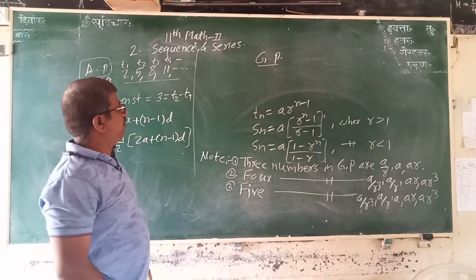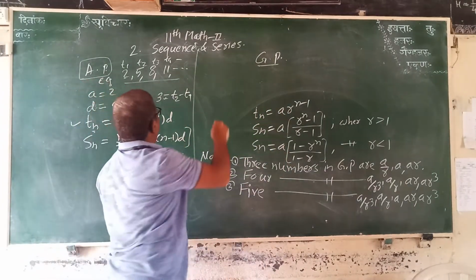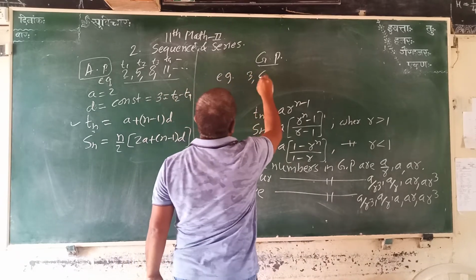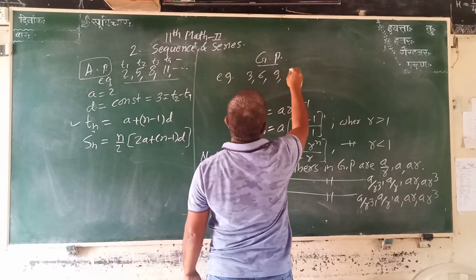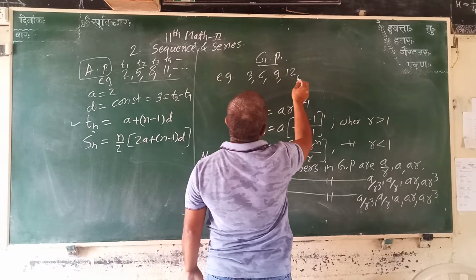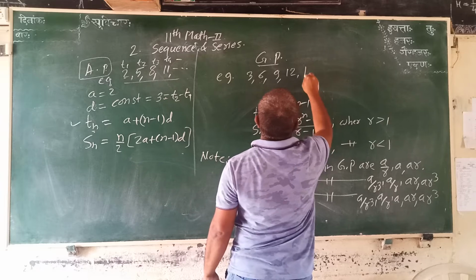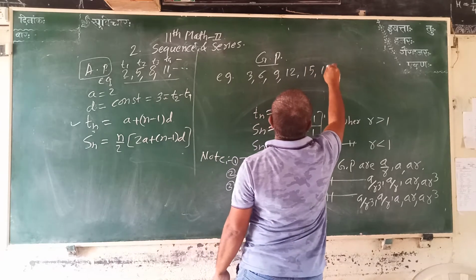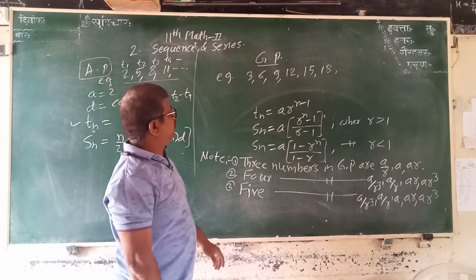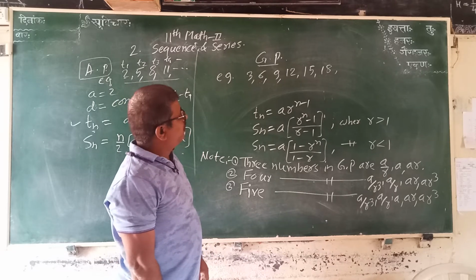that is in 11th standard, we get any progression that is 3, 6, 9, 12, 15, 18. This is the arithmetic progression.